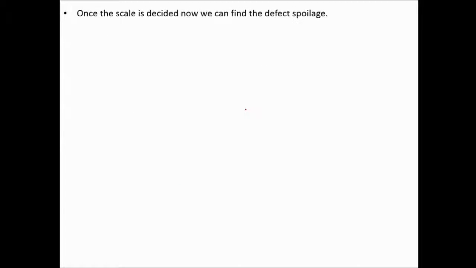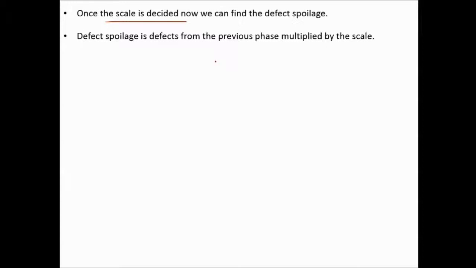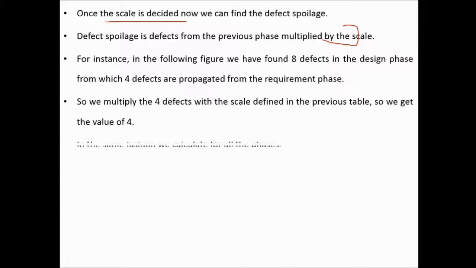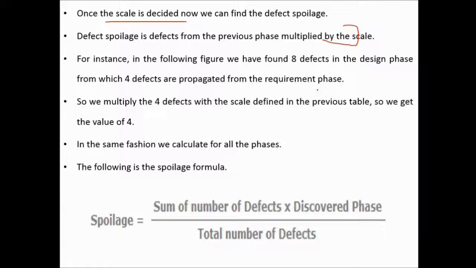So once the scale is decided, now we can find the defect spoilage. Defect spoilage is defects from the previous phase multiplied by this scale. For instance, in the figure we just saw, we have found 8 defects in the design phase, from which 4 defects are propagated from the requirement phase.